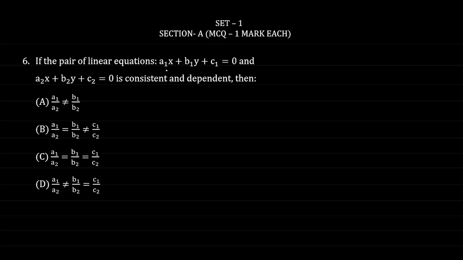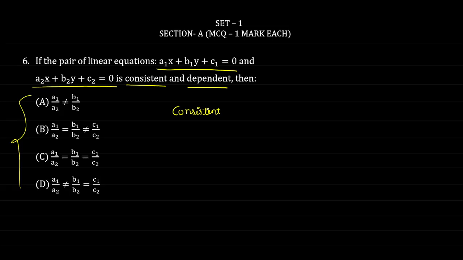So the question is, the standard pair of linear equations is given and they are asking you if it is consistent and dependent, then out of these four conditions, which of the following condition is true? So let's try to decode this consistent and dependent system. Okay. So if the pair of linear equations is consistent, consistent means it has a solution, right?